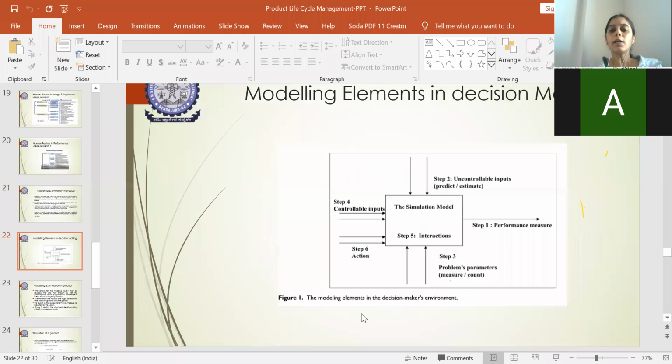Here it describes the modeling elements which are needed in the decision makers' environment. You will have different stages which will be considered in modeling elements. You should be very careful in identifying the modeling elements which will provide you the proper decision, because these modeling elements are the factors which will show the system to the real world.